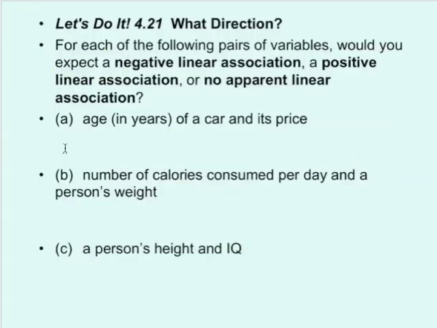If we're thinking the car is brand new, say to its first 10 years, and we assume that a linear model was appropriate for this data, which we're going to assume here, then a negative linear association is what we're going to assume.